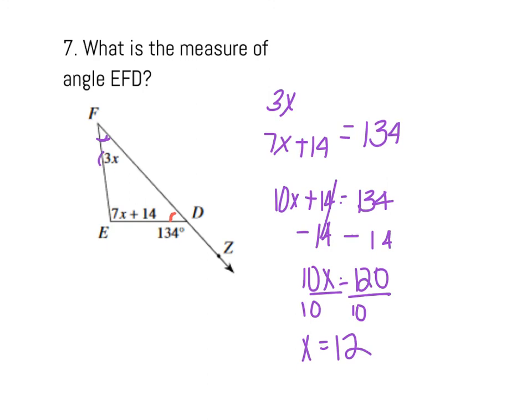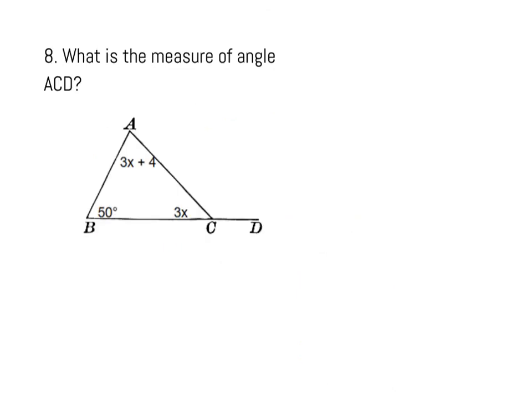EFD was not labeled as x, it was labeled as 3x. So to find the value of EFD, I just need to do 3 times my x, which is 12, and 3 times 12 is 36 degrees. So angle EFD measures 36 degrees.